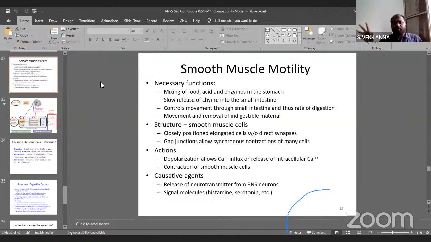So mainly 90% of the absorption of digestive food material takes place in the small intestine. This is a very important point. The structure: smooth muscle cells.